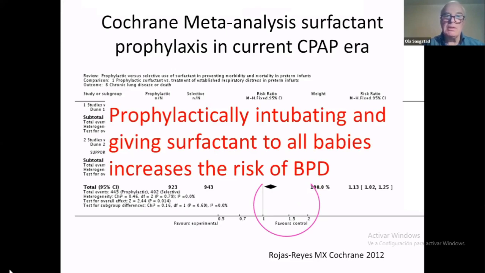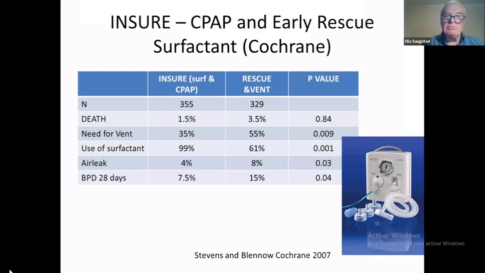So what about INSURE and early rescue? Well, this is a summary by Stevens and Blennow. It's a Cochrane review from 2007. And it shows that INSURE versus rescue and ventilation has several advantages.